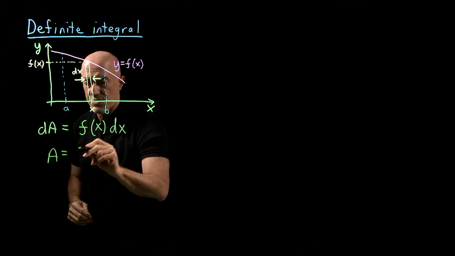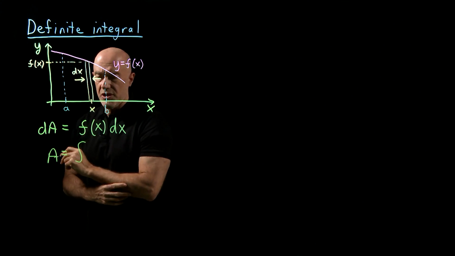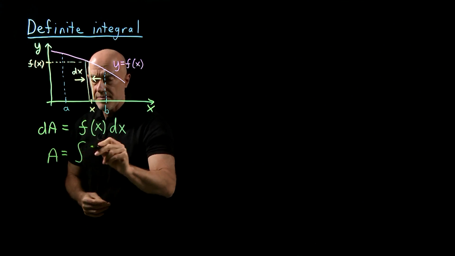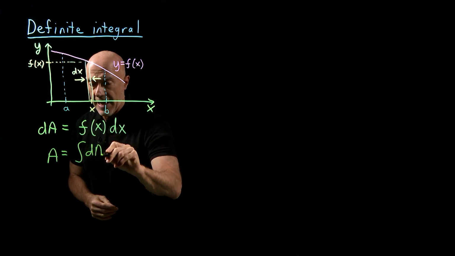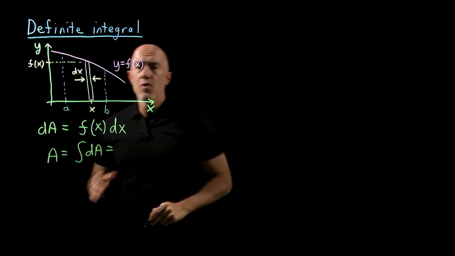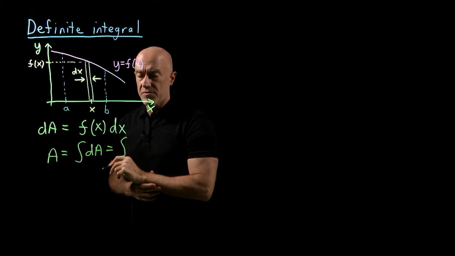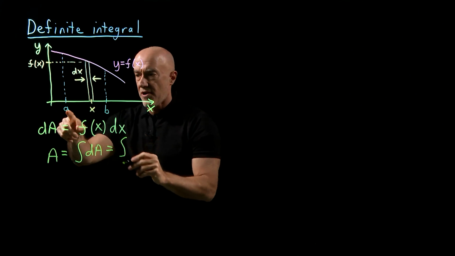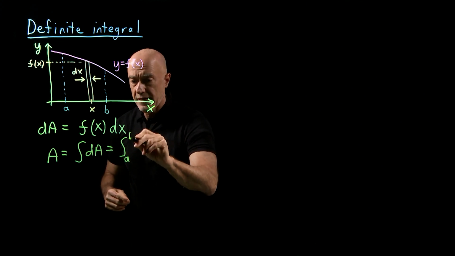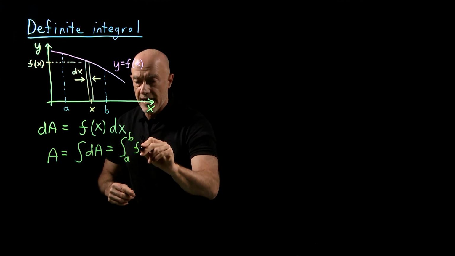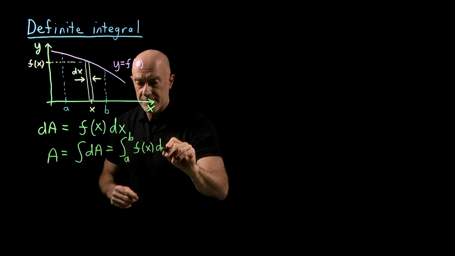And the symbol we'll use for the integral is this large S-shaped symbol. And we're integrating dA. And the way we'll write the definite integral then is this integral symbol. So we'll say the integral from a to b of f of x dx.